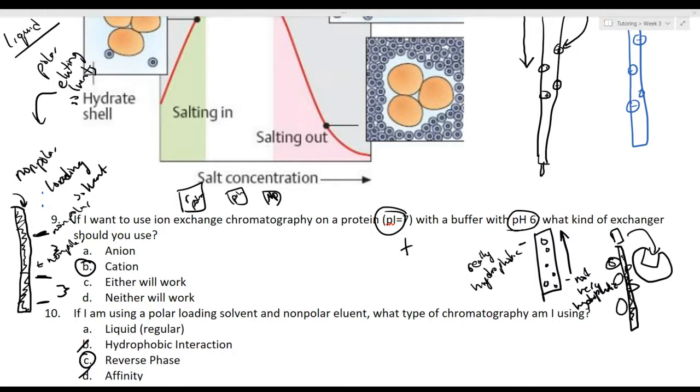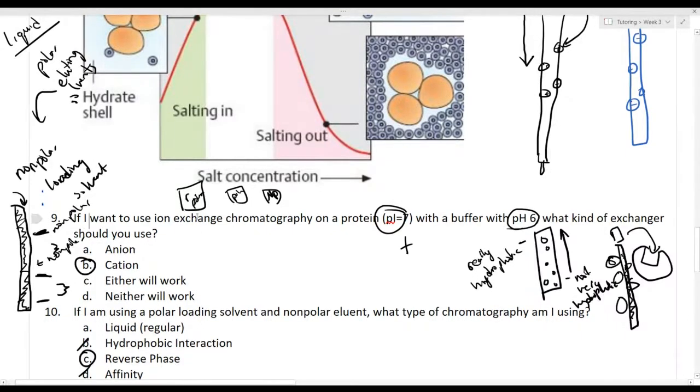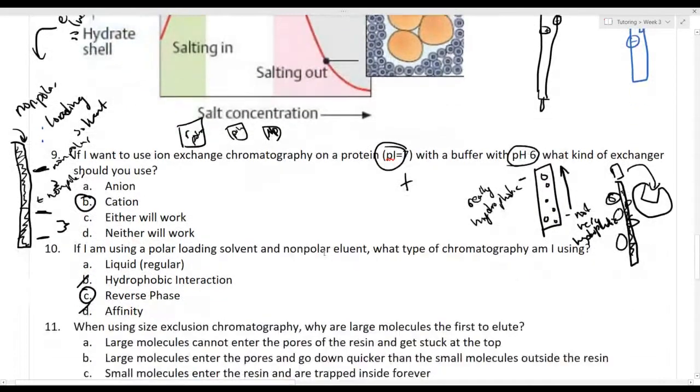The non-polar stuff is not going to want to move with it because it's happy with the gel that it's in. So as your polar solvent brings stuff down, it's going to bring down the really polar stuff as much as it can, and the non-polar stuff is going to be stuck at the top. Does that make sense? And then exactly like you said, in reverse phase, the non-polar stuff is going to be at the bottom because you're using a non-polar eluent. Really good question.